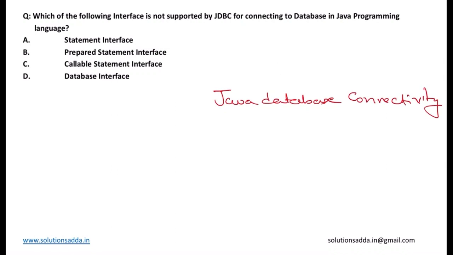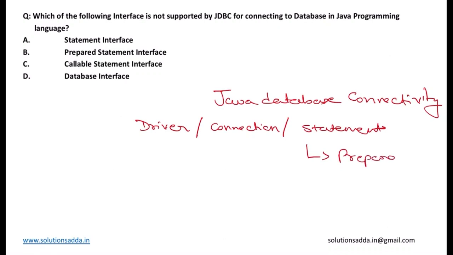And the list of popular interfaces of the JDBC API is: Driver interface, connection interface, statement interface, and statement is prepared and callable.